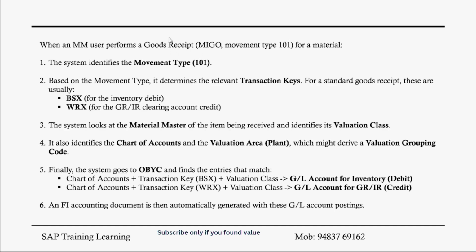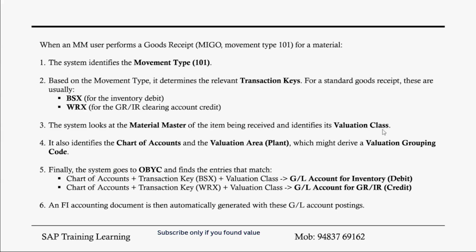So to do that, here there is a bifurcation depending on the material type, right? How do we get this done in the system, right? To get this done, SAP came up with a solution: the valuation class. What is this valuation class?